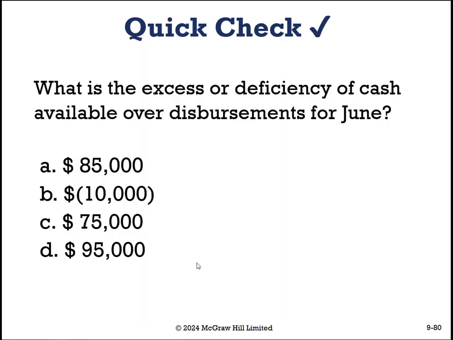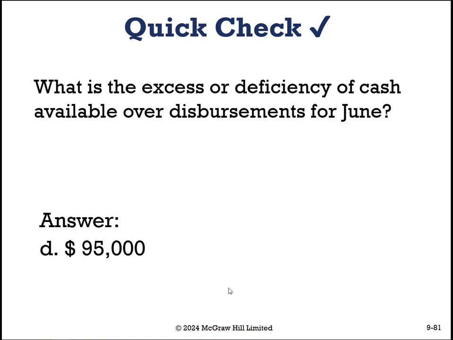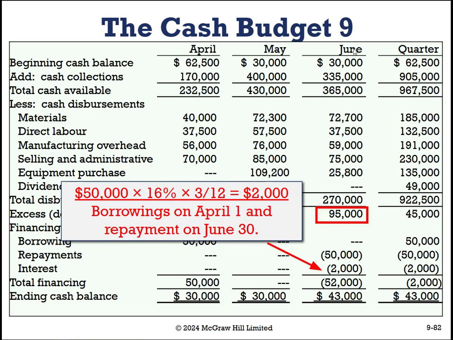All right. So let's see. What is the excess or deficiency of cash available for disbursements for June? If you had 95,000, let's see where that would come off in your chart. So if we looked at June, you have cash available for disbursements of 95,000.